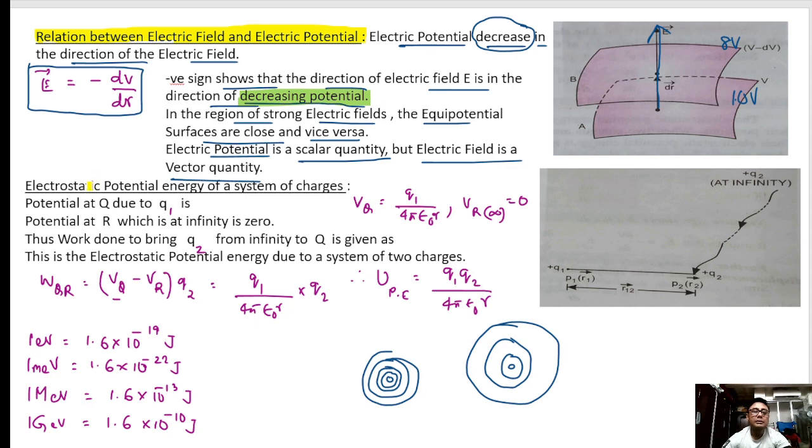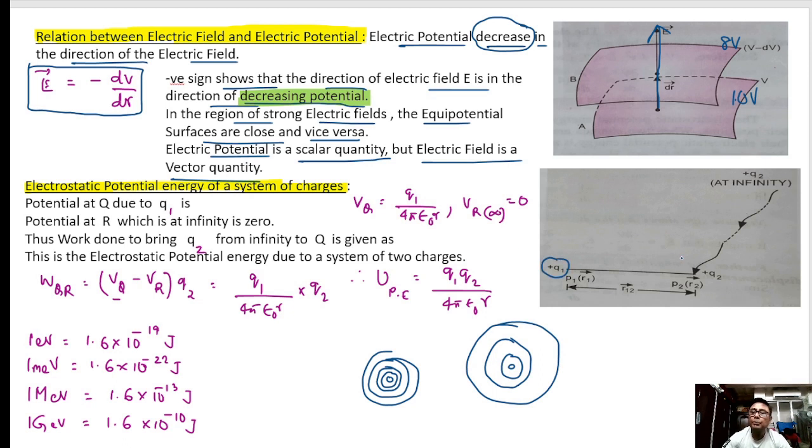Next, electrostatic potential energy of a system of charges. So if there are many charges, what will be the potential due to the system of the charges? First watch here, this is Q1.